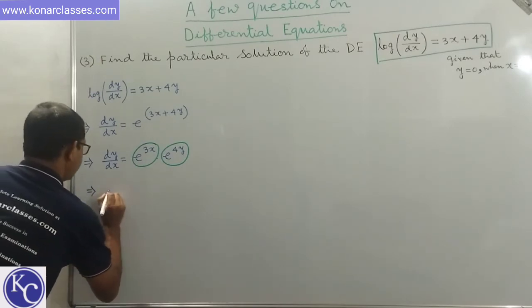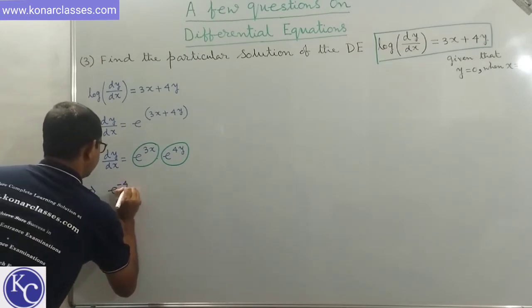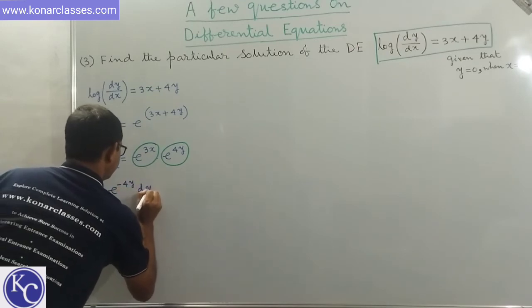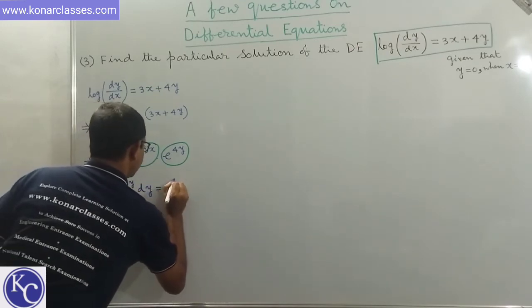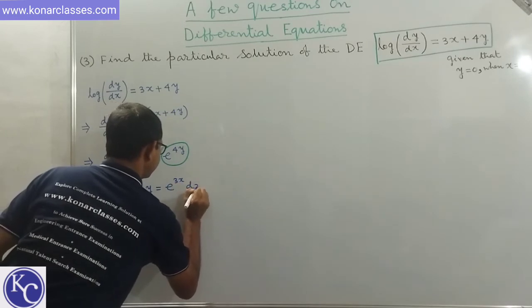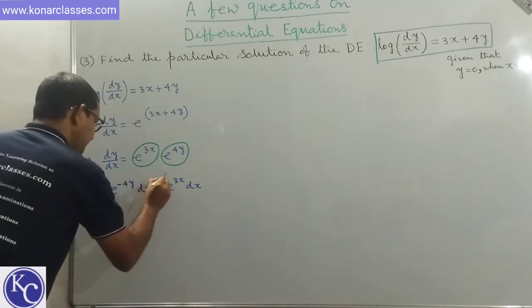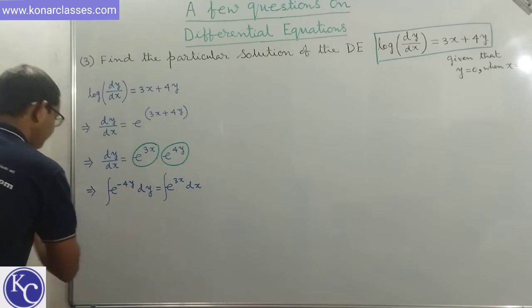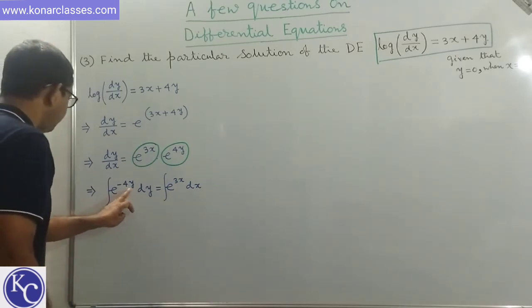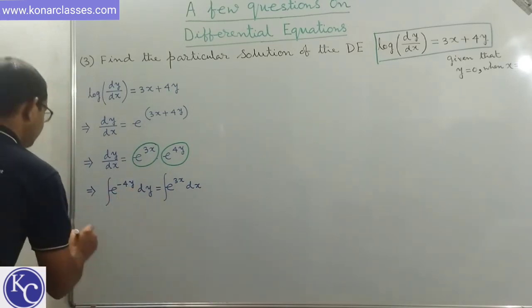So from here what can we write, dear students? This implies e to the power minus 4y dy is equal to e to the power 3x dx. Correct? After that we will integrate both sides. What will the integration of e to the power minus 4y dy give us?